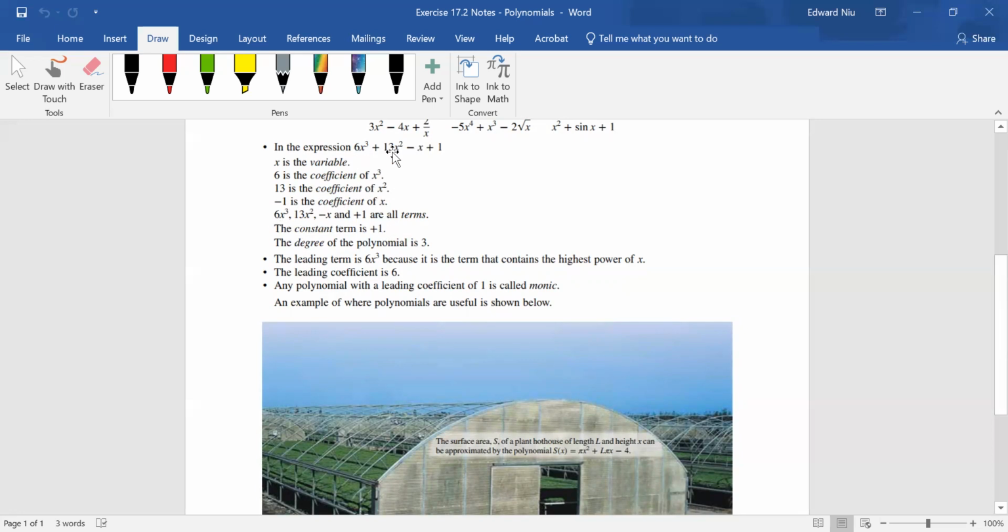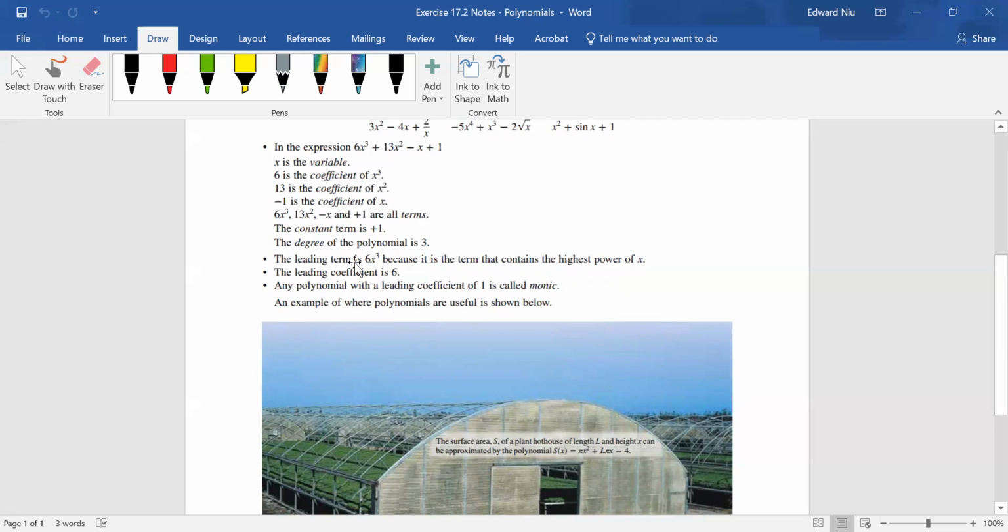All of these, because they're separated by plus and minus signs, are terms in their own right. So we've got 4 terms in this cubic expression, or cubic polynomial.